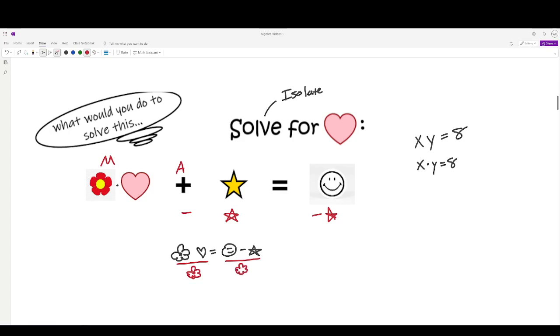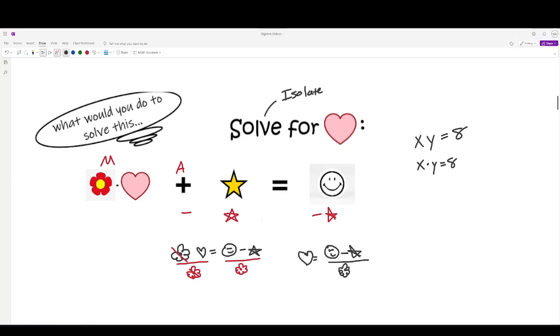We need to divide both sides by that, because this one we need to cancel. Then we're left with the heart on the left is equal to the smiley minus the star, divided by the flower.